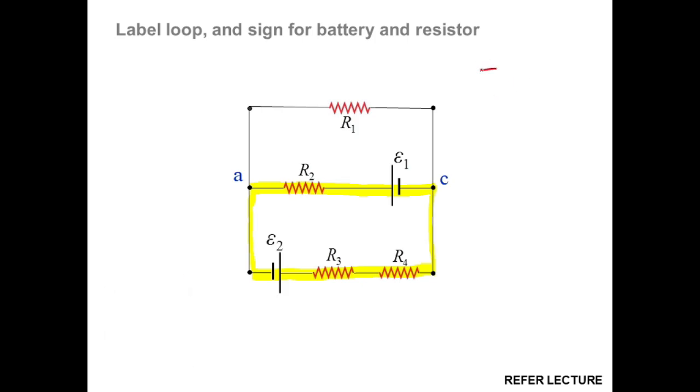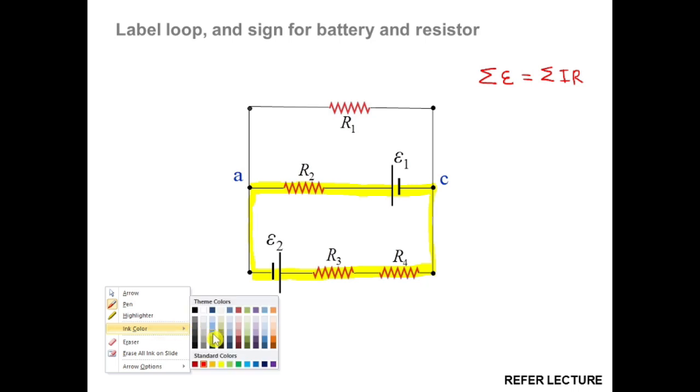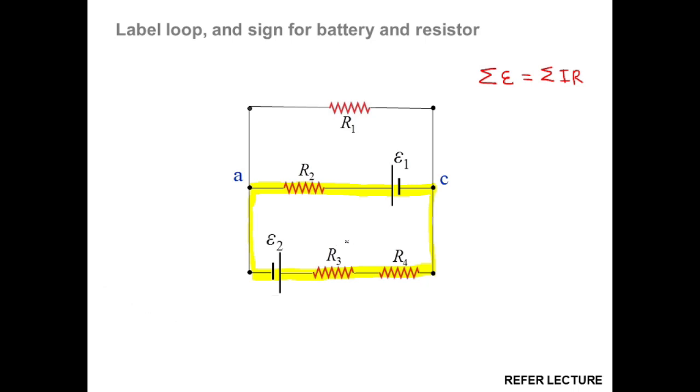Kirchhoff's second law states that the total EMF equals the total product of current and resistance. So we choose the loop below, and we label the loop direction. For example, we choose the anti-clockwise direction. This one we call loop number 2.